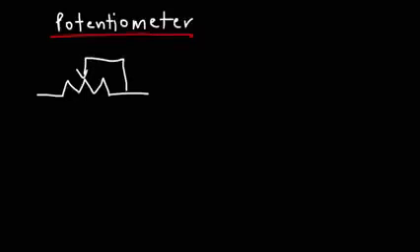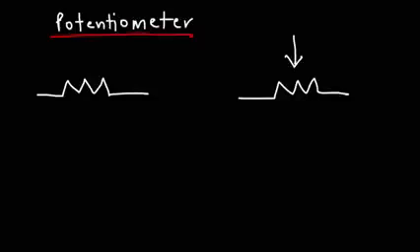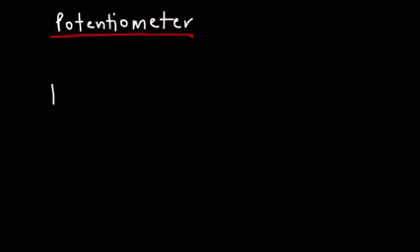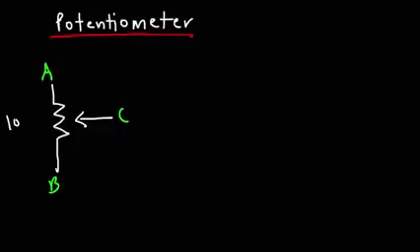You can draw it this way. It's a variable resistor. But let's use this version of it. I want you to understand how it works. So let's call this point A, point B, and point C. Now let's say this is a 100 kilo ohm potentiometer.